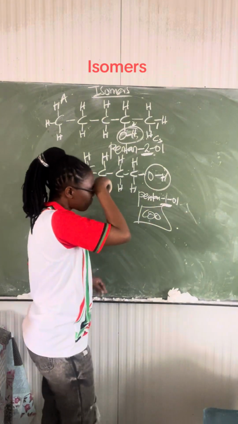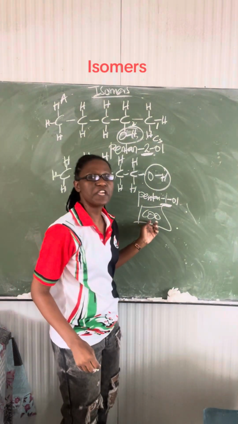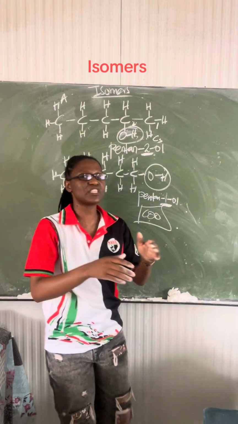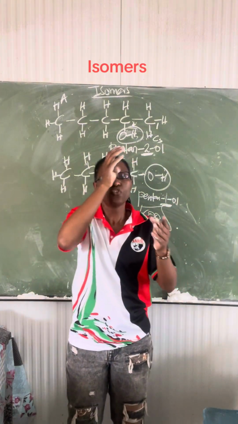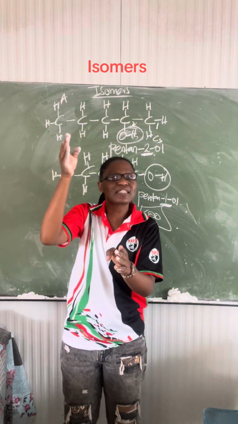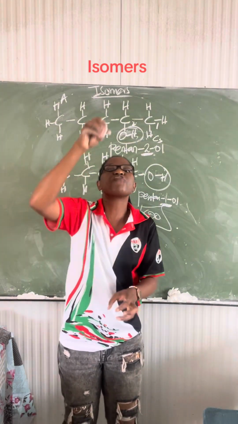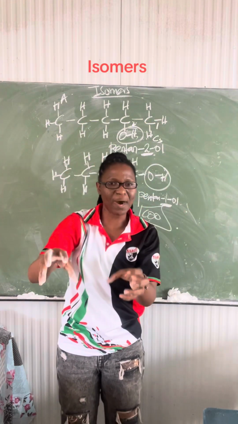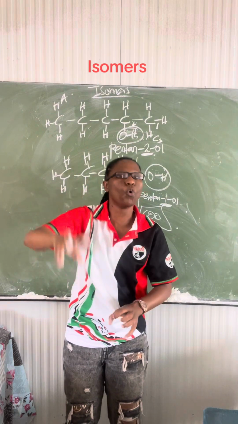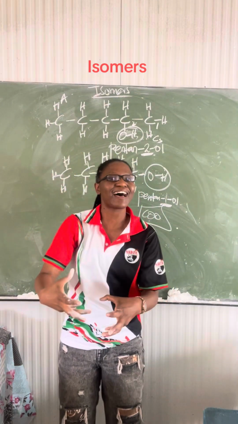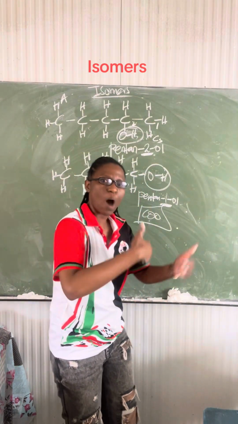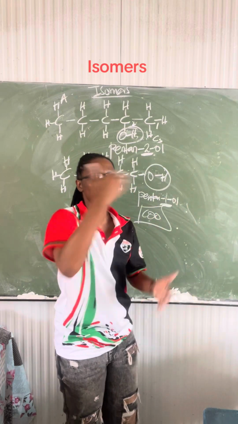This is the functional group of esters. If they give you an ester and say draw a structural formula of the functional isomer of this compound, they are basically saying change this ester into a carboxylic acid.